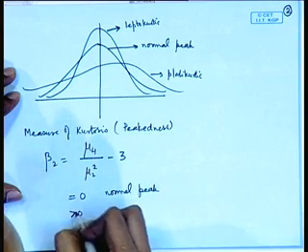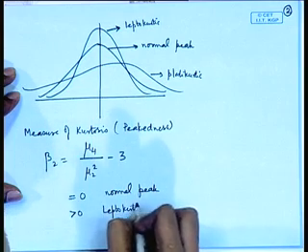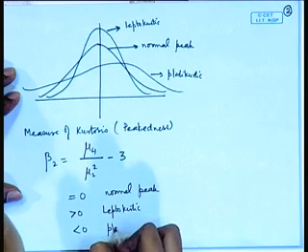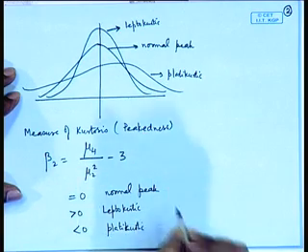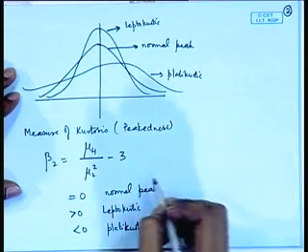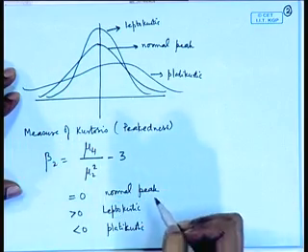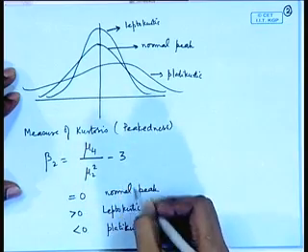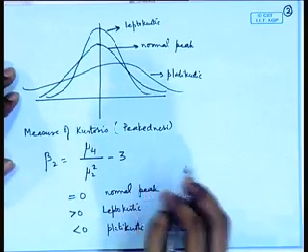If it is greater than 0, it is leptokurtic, and if it is less than 0, we call it platykurtic. The peak of a normal distribution, which will be defined later on, will have the coefficient beta 2 equal to 0. So, the peak of any distribution is actually compared with the peak of a normal distribution.